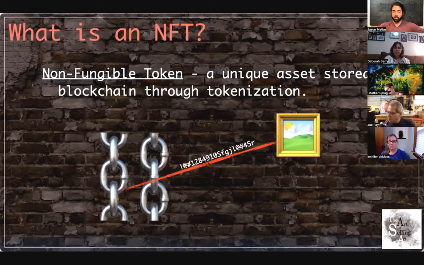I have an IPFS account, Deborah's been on there. Anyone else who's been in the NFT space, the interplanetary file system is distributed. So if my computer goes down, the file is still out there. Every computer on the entire network would have to go away in order for your file to be lost.